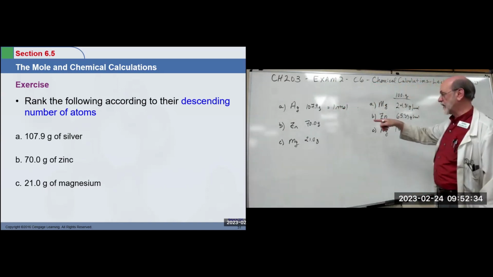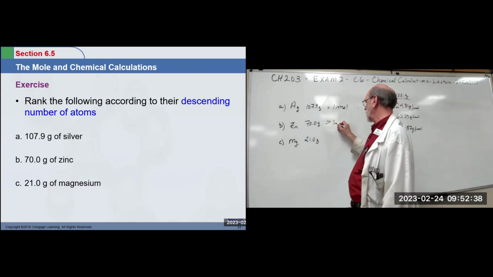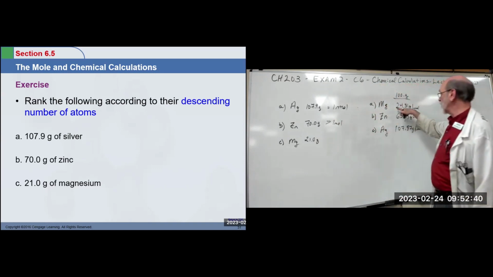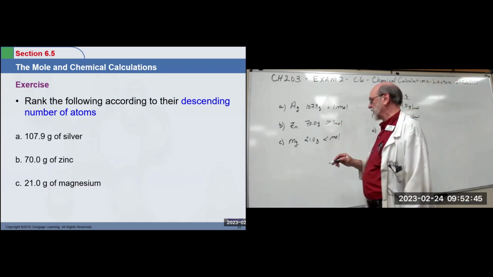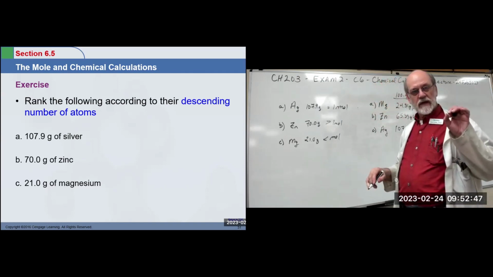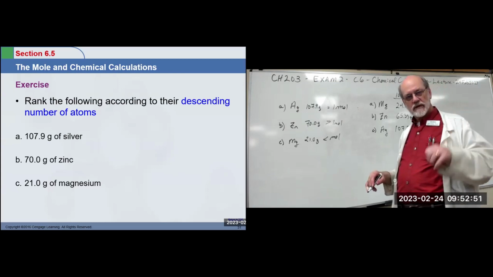Zinc is greater than a mole. And 21 grams of magnesium is less than a mole.